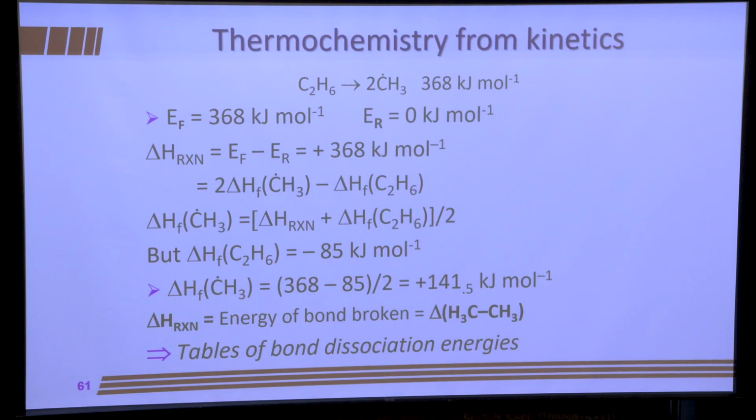And then we can get the bond dissociation energy or the heat of formation of an ethyl radical, because we'll know the others. So in this way, we can get tables of bond dissociation energies from kinetics.